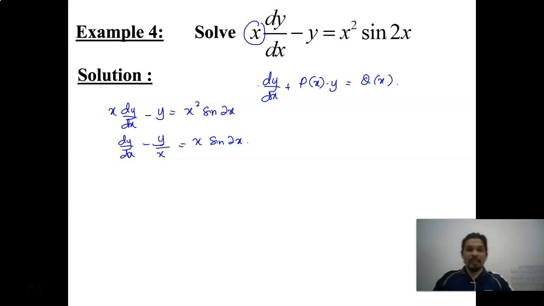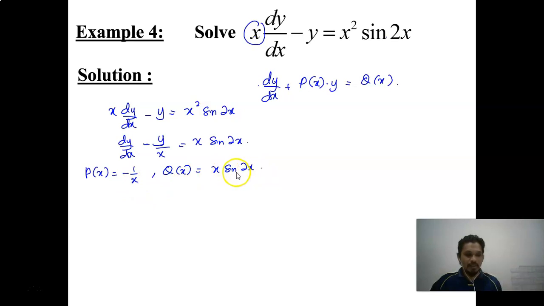So p(x) equal to negative 1 over x, and q(x) equal to x sine 2x.